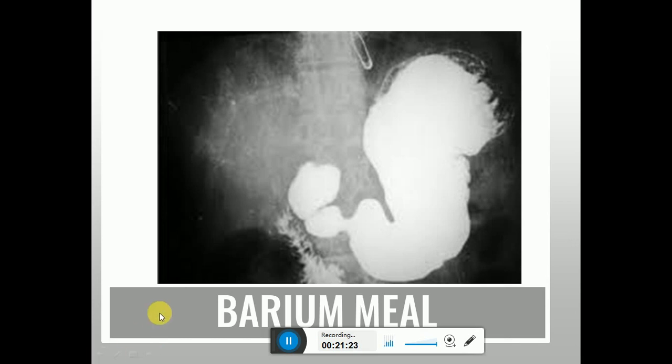Here you can very clearly visualize the stomach. What you can see here is radio opaque. This one is the stomach.